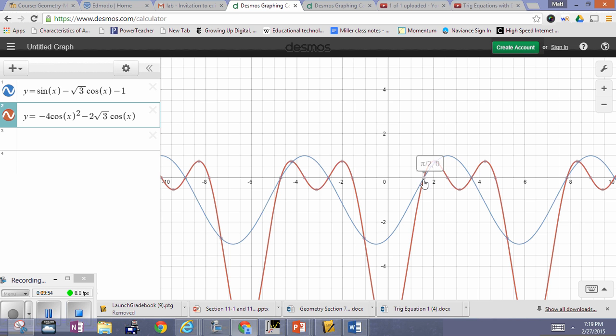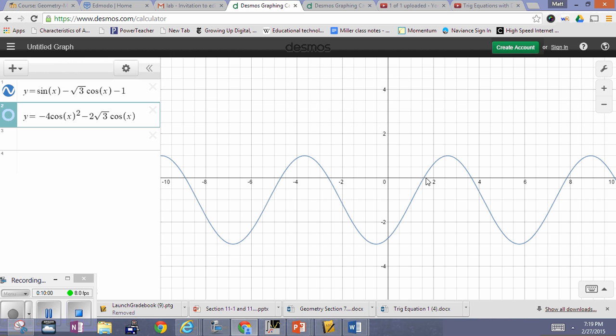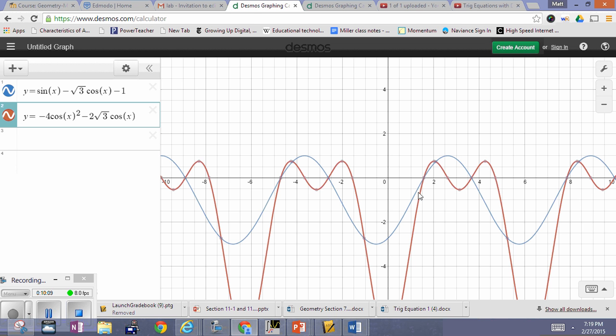So what two do we take? We have to go back to the original equation. We accept only the two solutions per cycle that will fit back in the original equation, and we have to discount 5 pi over 6 and 3 pi over 2.